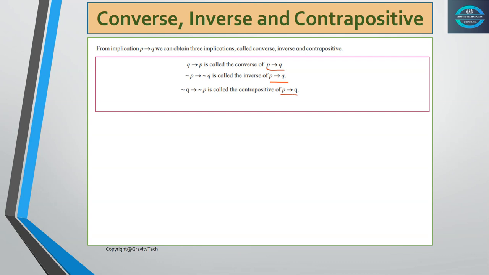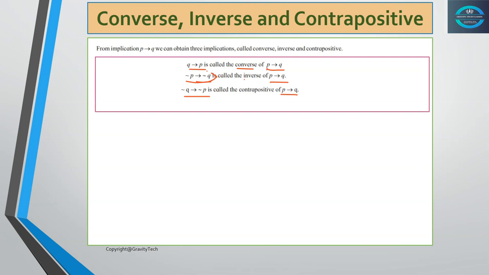The converse of P implies Q: converse means just reverse it, Q then P, Q implies P. The inverse means negate both of them, negation of P and negation of Q. And contrapositive means take the inverse and then take its converse, right? So the contrapositive is basically a combination of converse and inverse.